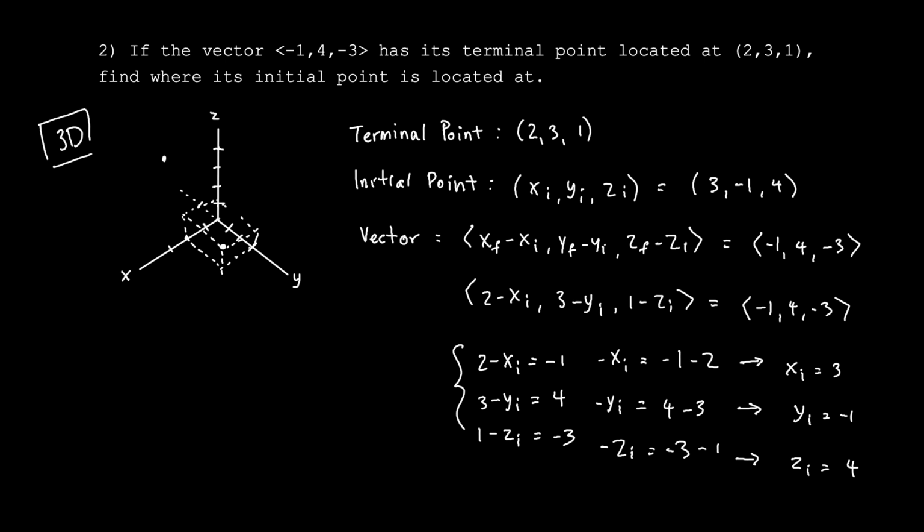If we draw the vector, and I will use another color to make this a little clearer, the vector is somewhere over here in the 3D plane, connecting the initial and terminal points together. And I can box the answer just to show that this is correct.